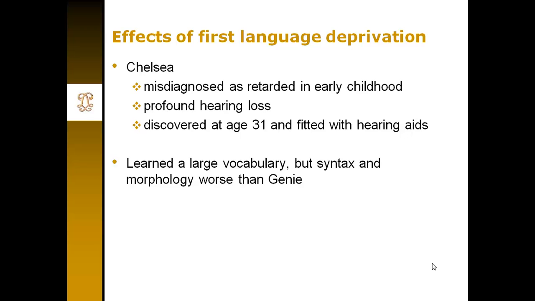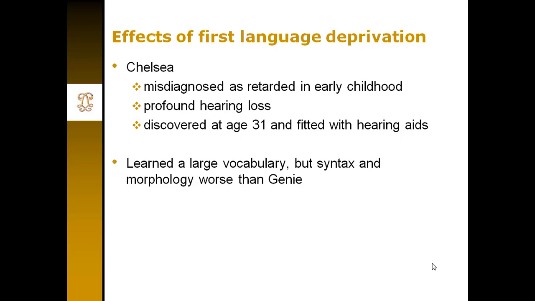And I'll give you a little bit of an example here. What we're looking at is a situation where someone has been deprived of first language experience, but they don't have the same kind of confounds as Jeannie did in terms of an abusive component.